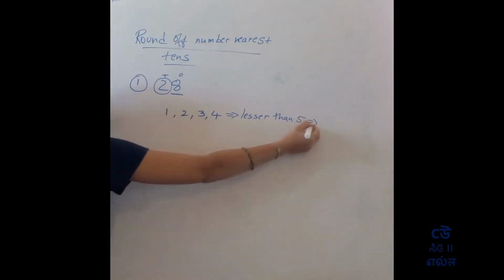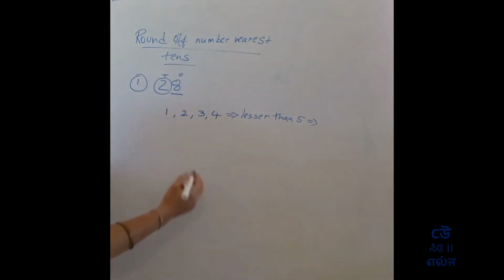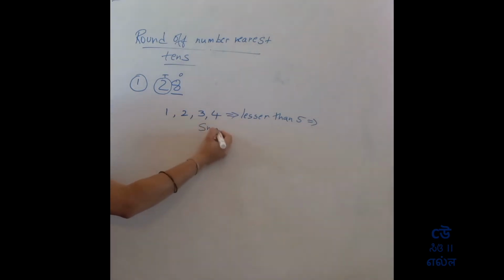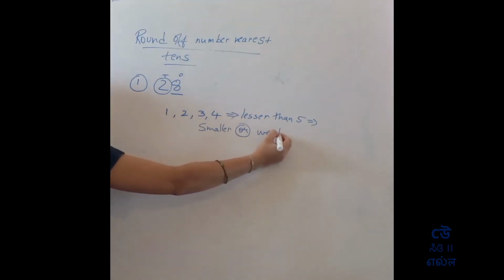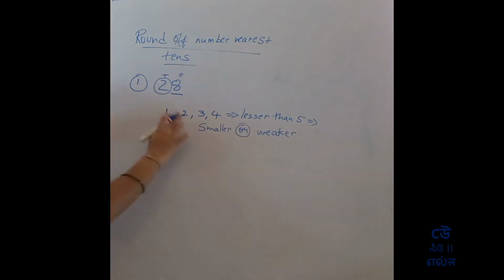So they are called smaller numbers or weaker numbers, because as it's lesser than 5, it's called as smaller number or weaker number.